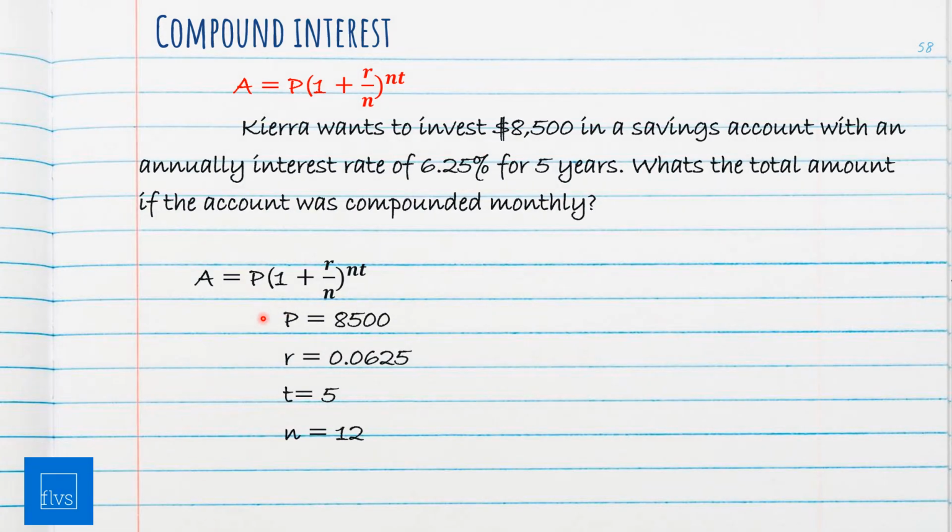Our principal is $8,500. Our percentage rate is 0.0625. It says 5 years, so T equals 5. And it says compounded monthly, so our N equals 12. We're going to plug those numbers into the formula.